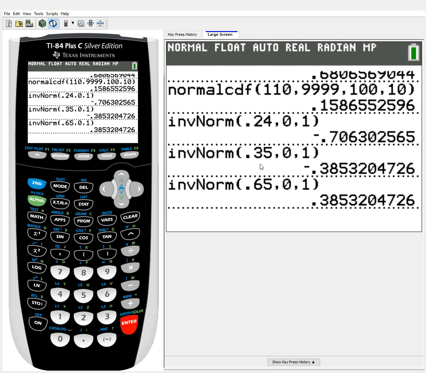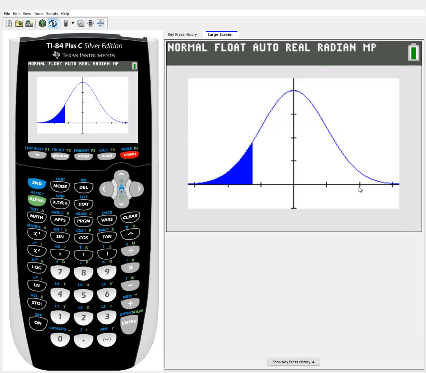So if I have a z sub alpha value that says z sub 0.20, that means I want to find the z-score that has 0.20 on the right side of it. So if I think about the graph, something that has 20% on the right side of that unknown z-score.